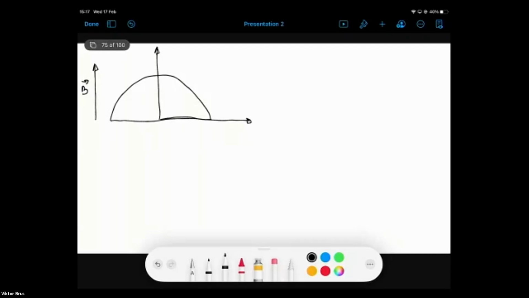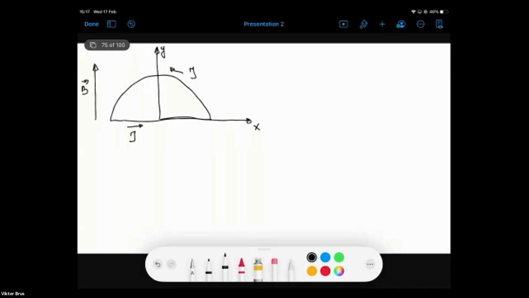Here we have our system of coordinates, x, y. Then we have electric current flowing in this direction, counterclockwise. And it will also flow here, like this.